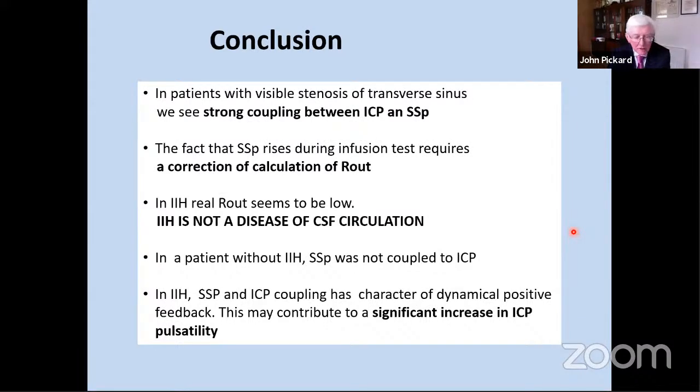Thanks very much, Sophie. I think your third conclusion, that IIH is not a disease of the CSF circulation, I think that's very controversial, really. How do you account for the fact that various investigations show that there is too much CSF in the subarachnoid space, in the extracerebral component, far too much CSF?